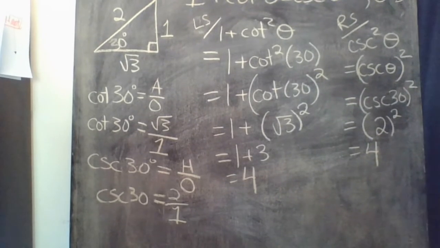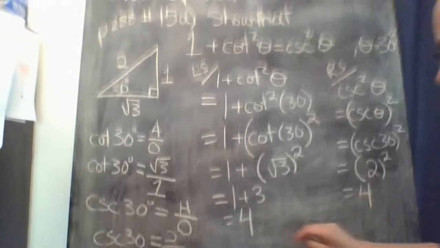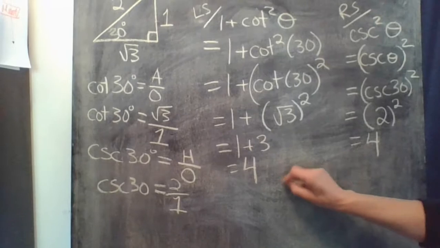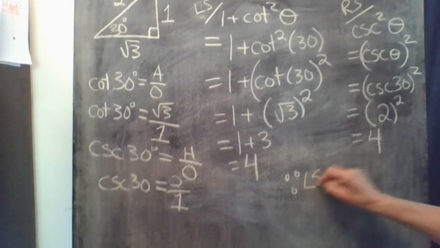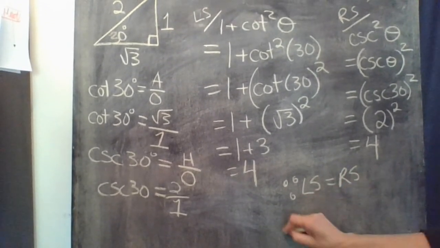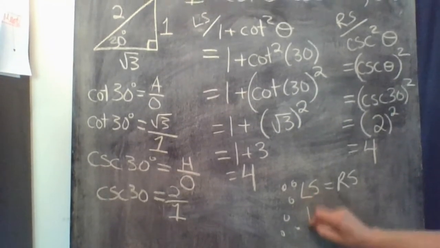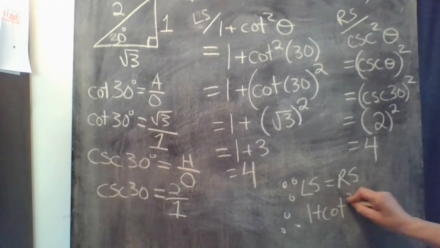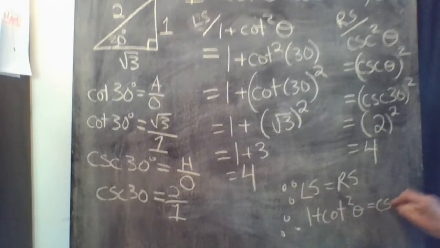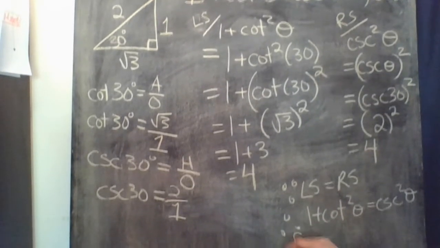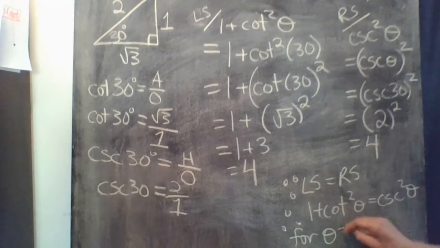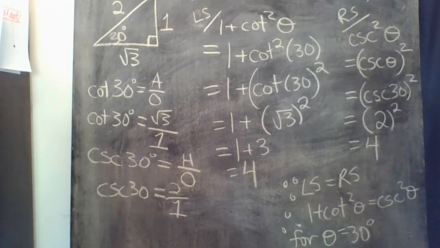Hey! It's a 4. So, since left side equals right side, therefore 1 plus cotangent squared theta equals cosecant squared theta for theta equals 30 degrees. Cool, eh?